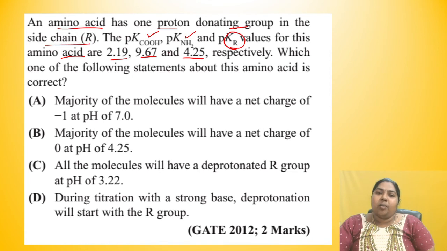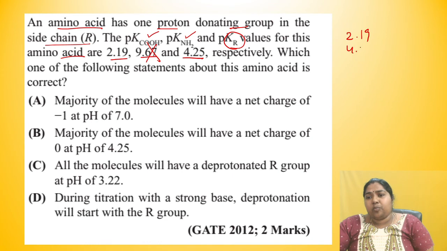I will put one more video on calculating your isoelectric point. If you look at this, you may find an odd man out. If 3 values are given, one value will be the odd man. Remove that value and consider only the other 2. So this is going to be 2.19 and 4.25.